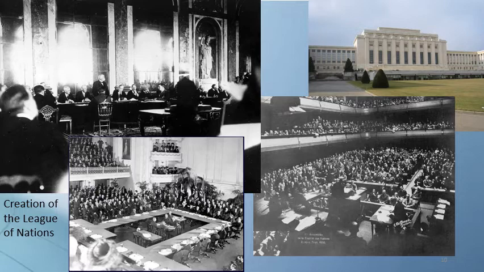And so these photos are from the Paris Peace Conference, where all the major powers, including the US, signed a series of treaties. And the main two were the Treaty of Versailles and the treaty creating the League of Nations.